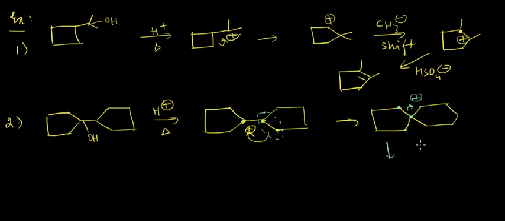Okay, so next what will happen is positive charge will come on this carbon atom. How? And we will get something like this structure. Okay, and we will get something like positive charge on this carbon atom.